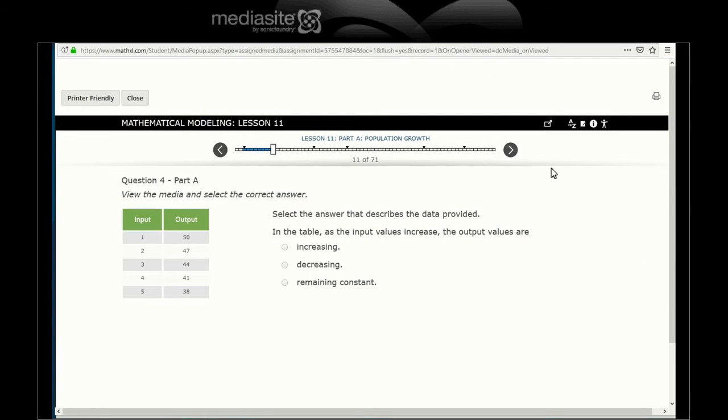Okay, let's see. This goes up by 1, minus 3, minus 3, minus 3, minus 3. So as X is increasing, Y is decreasing by a constant amount. Yeah, so as X increases, Y increases; X increases, Y decreases; as X increases, Y stays the same.